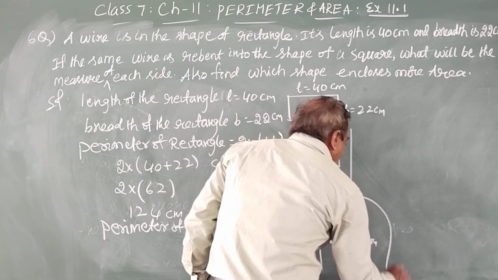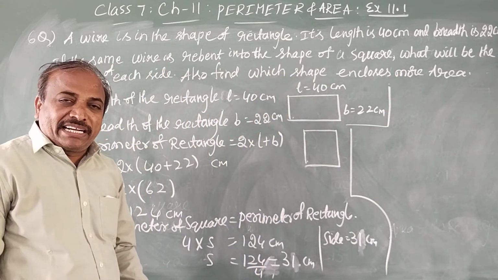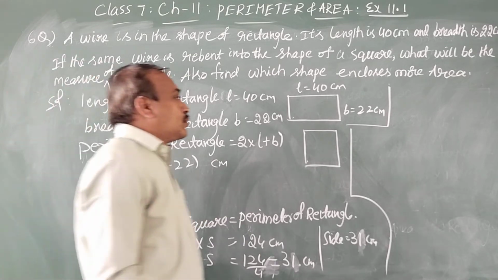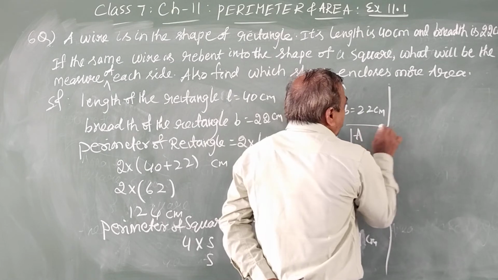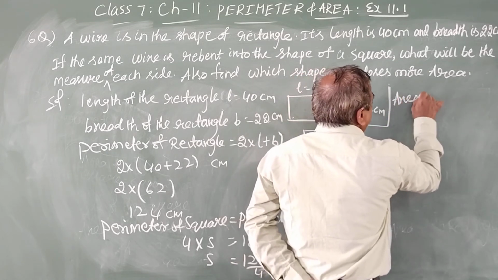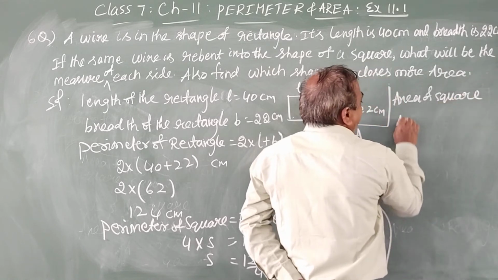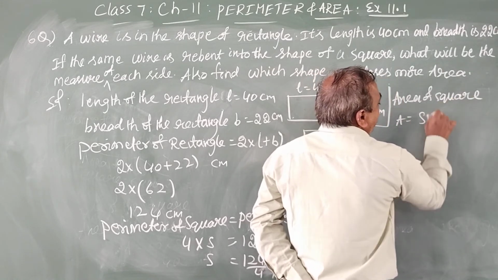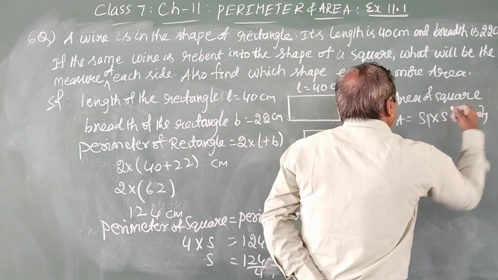Now, which one will enclose more area? So you have to find out the area of the rectangle as well as the area of the square. First we will find the area of the square. Area A is equal to side into side, S into S square units.